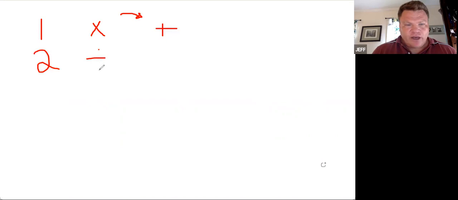So here we go. Rule number 1, big numbers multiply, roll it over, little numbers add. Rule number 2, big numbers divide, little numbers subtract. Rule number 3, power of a power, we multiply.